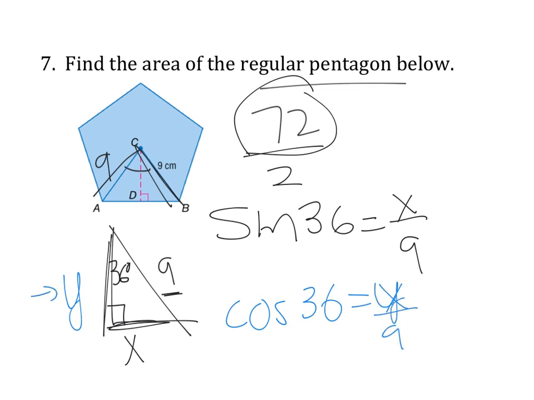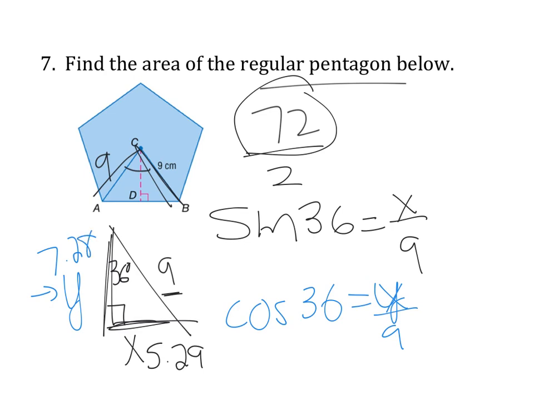That's going to give me this one right here. So run that through your calculator. So take the sine of 36 and multiply it by 9, and that's going to give me 5.29. If I do the same thing with cosine, that's going to give me 7.28.